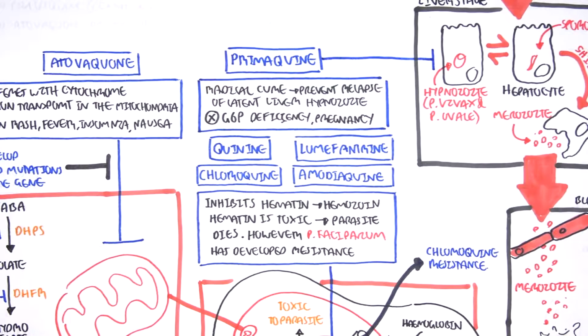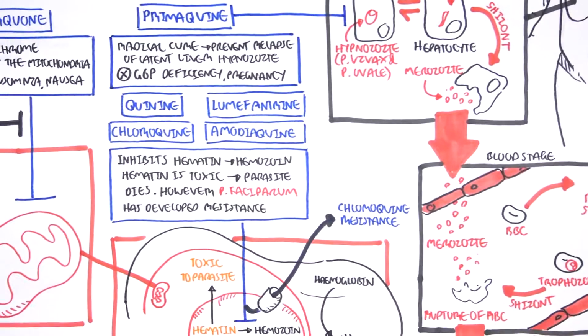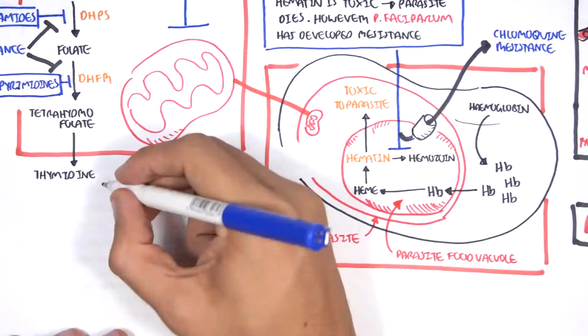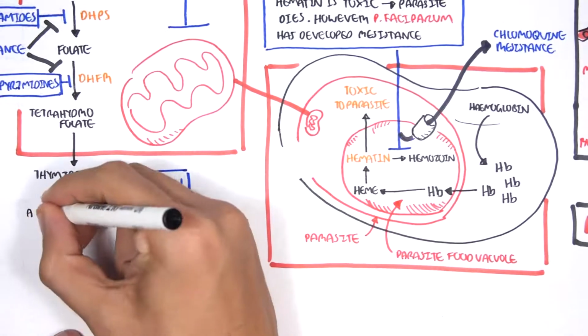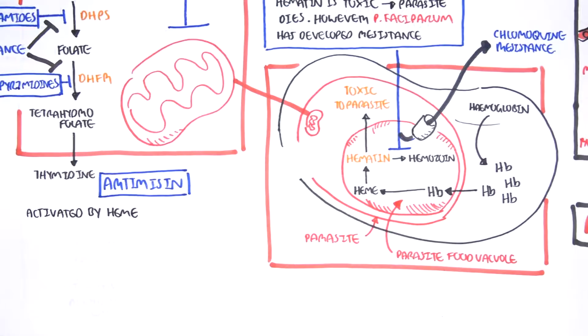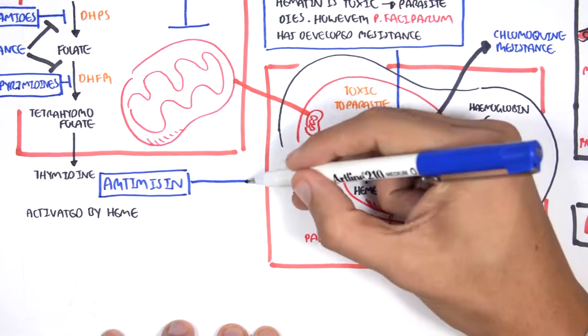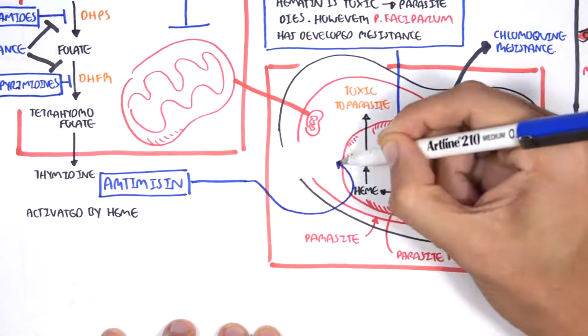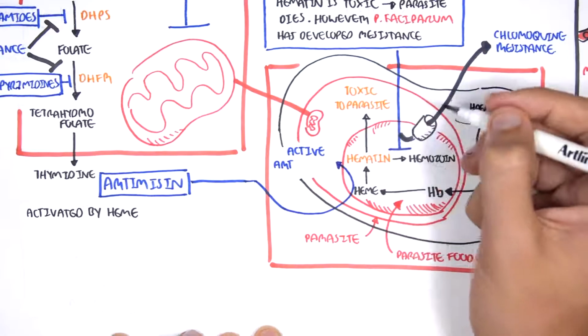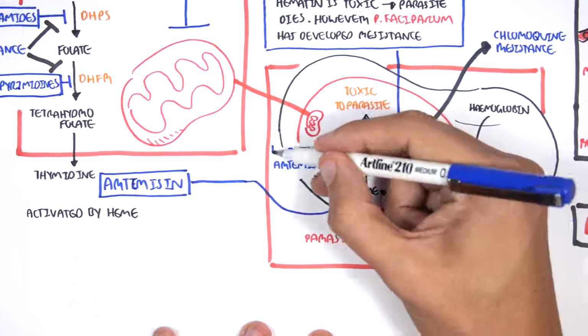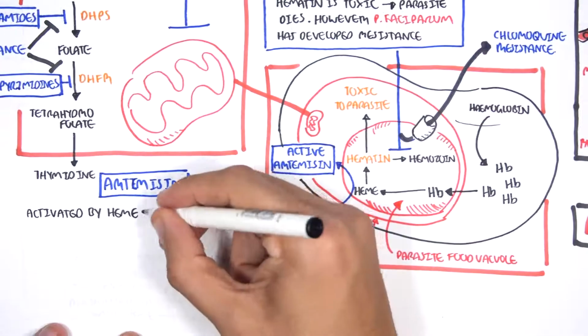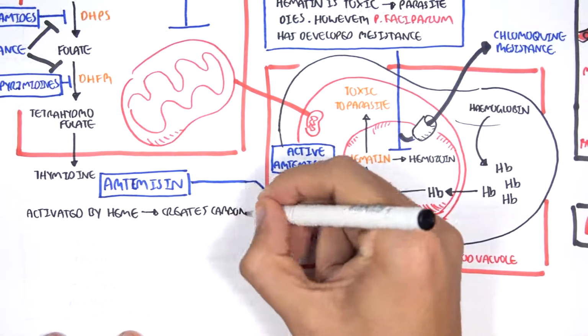The next antimalarial drugs we will look at, and a very important one, are known as artemisinins. These are essentially inactive when they're given. When given to people, they are activated by ferrous heme or free heme. When activated by the heme, the artemisinins create a carbon-centered radical, which will essentially kill the parasite.